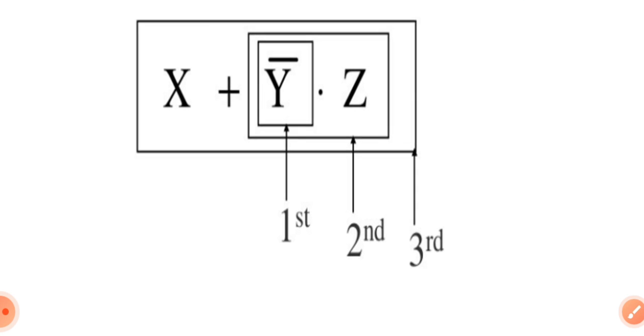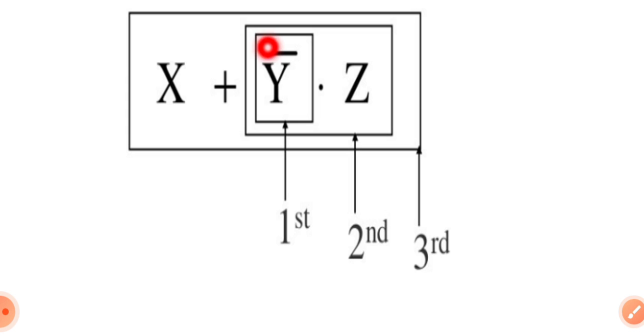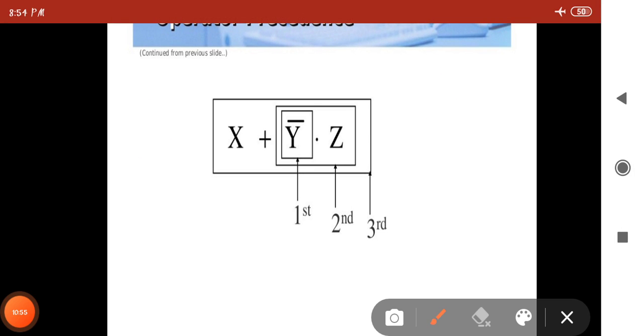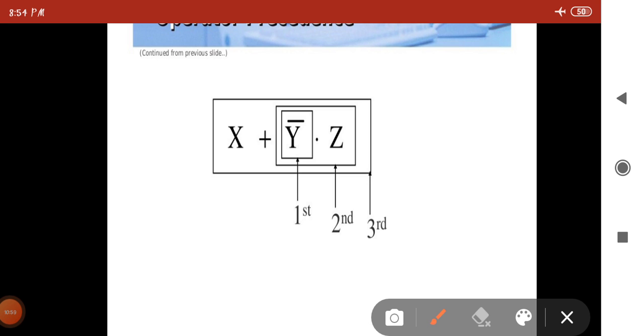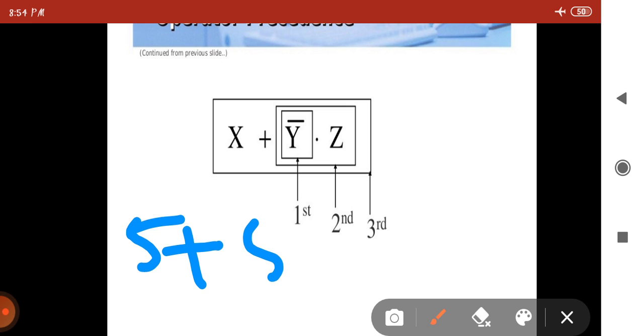First precedence is NOT, second precedence is multiplication, third precedence is the whole equation. For example, 5 plus 5 into 5.